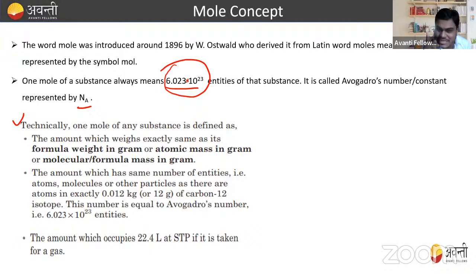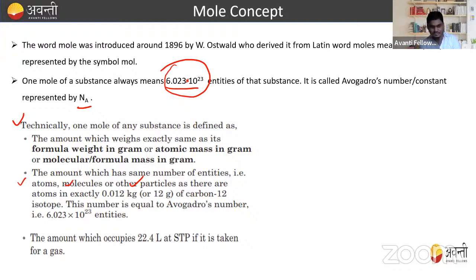The amount which has the same number of entities, that may be atoms, molecules, or other particles, as there are atoms in exactly 0.012 kilogram or 12 gram of carbon C12 isotope. This number is equal to Avogadro number.